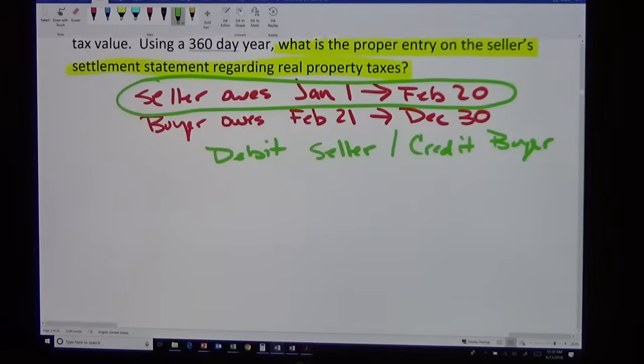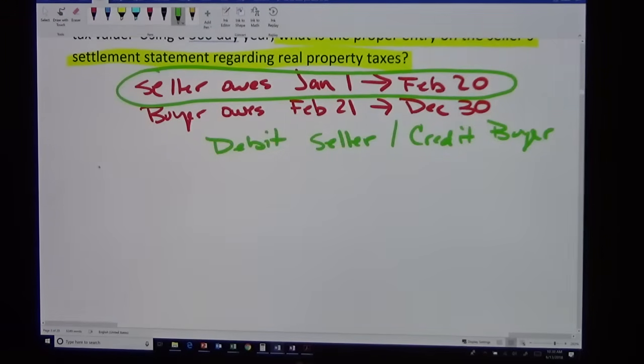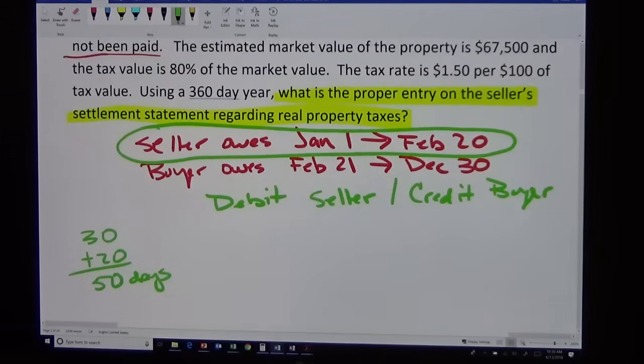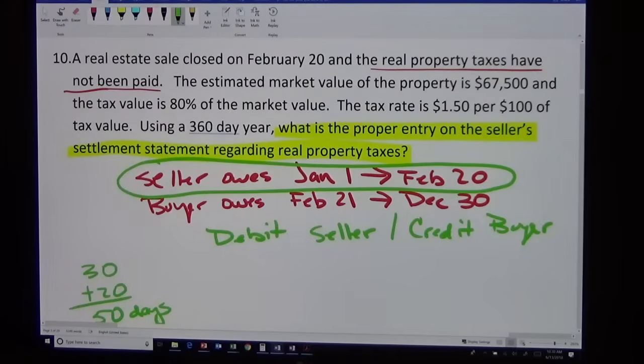Well, from January 1 through February 20th, we have 30 days in January plus 20 days in February is a total of 50 days. So we have 50 days we need to work with. Here's what we know. We know that the property has a market value of $67,500 and that the tax value is 80% of the market value.